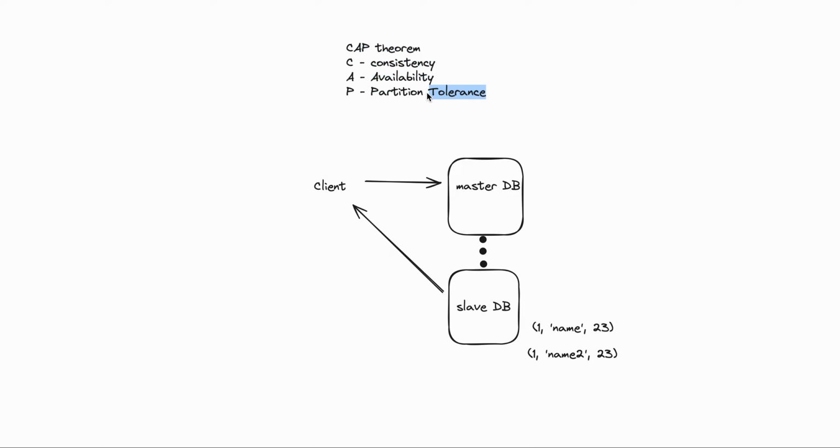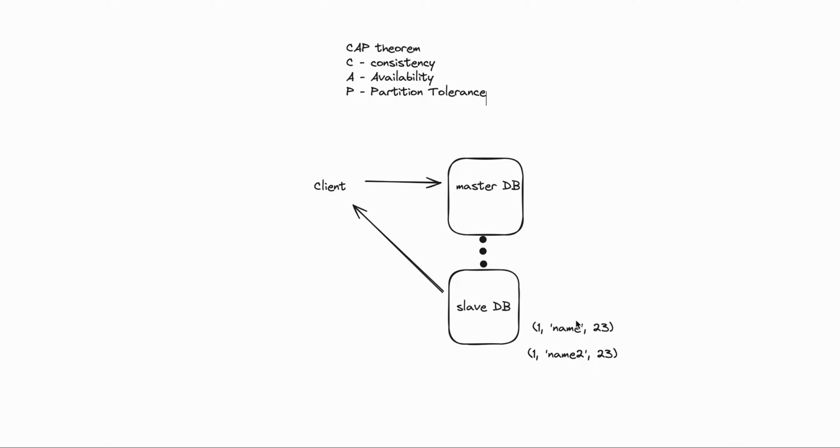So what is partition tolerance? Whenever we have a cluster setup, there are multiple machines connected with networks. As it is a network, there is a possibility that one machine can fail, or there may be a communication failure between machines, or a router failure, or a switch failure.